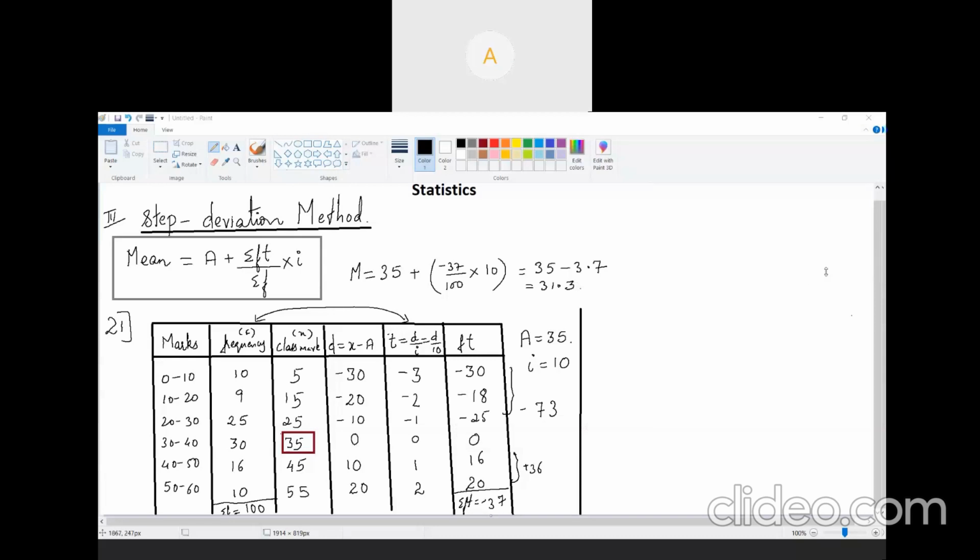No, ma'am. Okay, good. So did you all understand the step deviation method? Yes, ma'am. Okay. So we'll do one more question on step deviation.